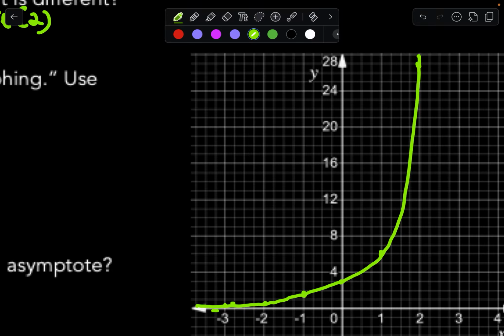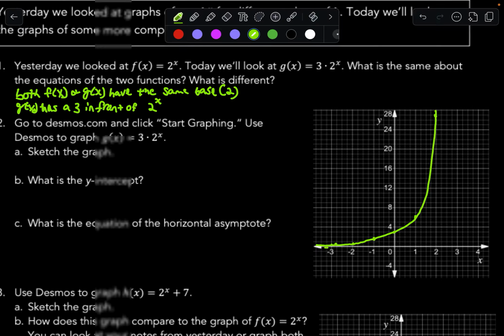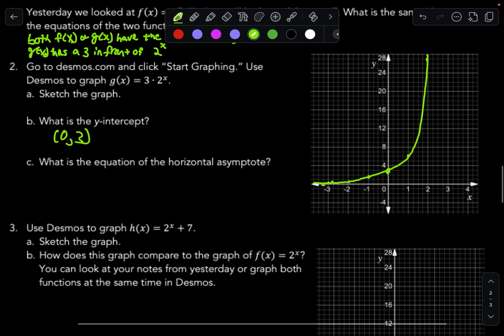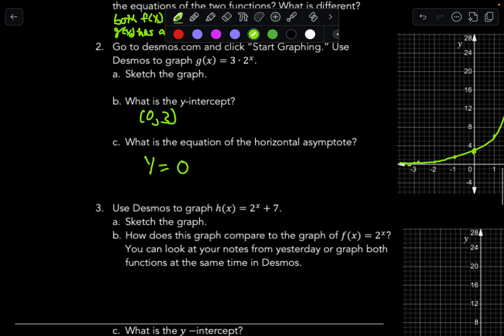And notice the y-intercept. What is the y-intercept? (0, 3). What is the equation of the horizontal asymptote? y equals 0. Okay?